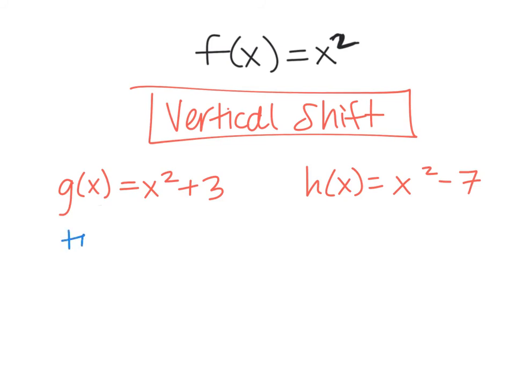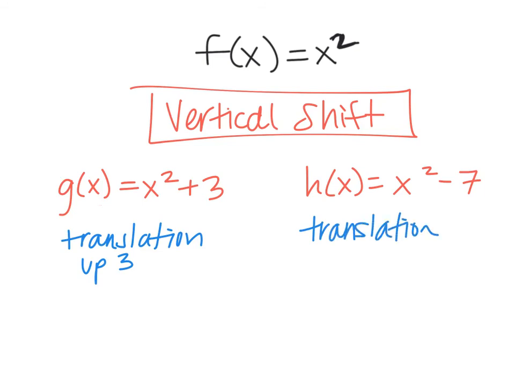This one goes up 3, so this is a translation up 3. And the other one is a translation, which just means a shift, down 7 from the parent function.